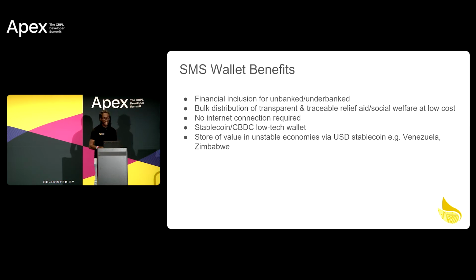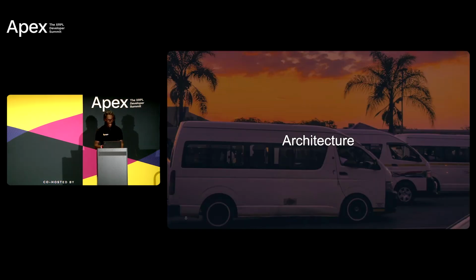And then lastly, if we think of cases like Zimbabwe or Venezuela, this could be an easy way for individuals in those countries to have a store of value if they transact with, let's say, a USD asset on the XRP ledger.